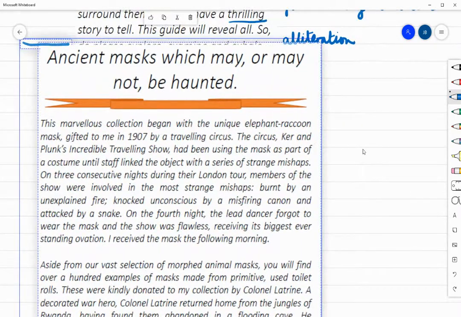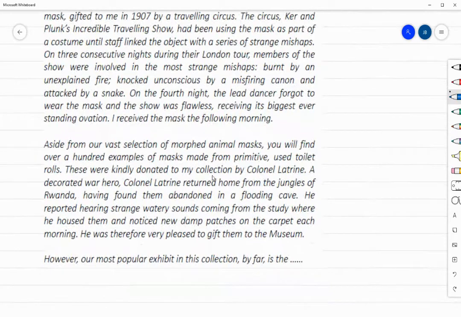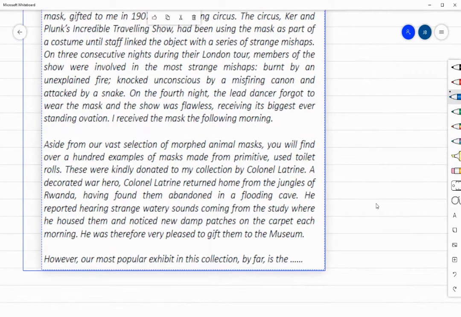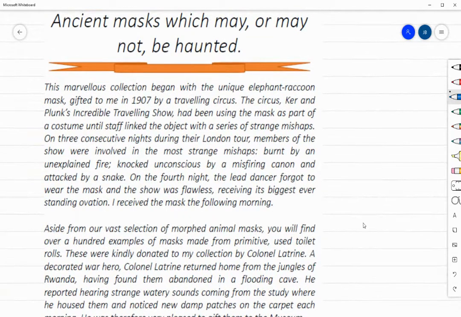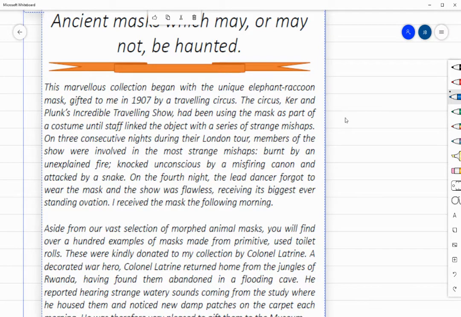We had ancient masks that may or may not be haunted. Lots of different types of rooms there in the museum. This particular set of paragraphs is the museum guide for the ancient masks which may or may not be haunted.